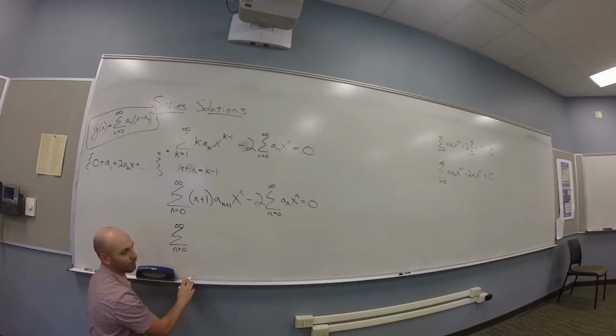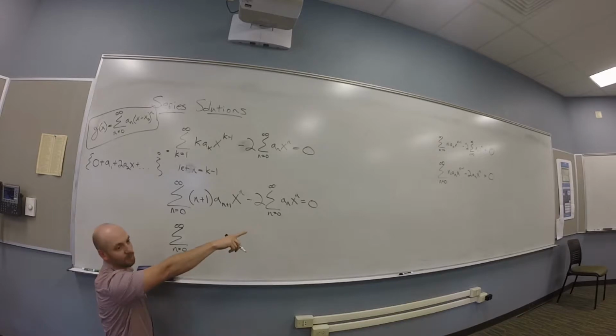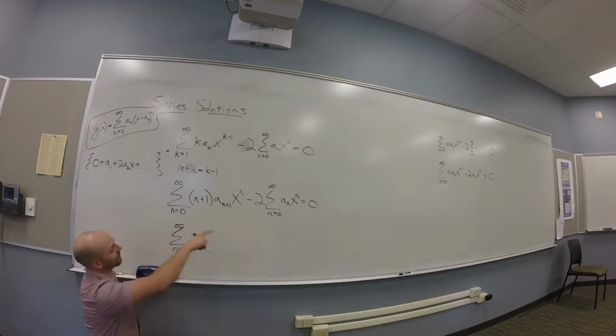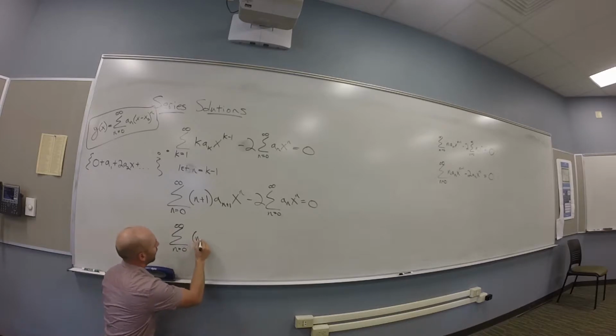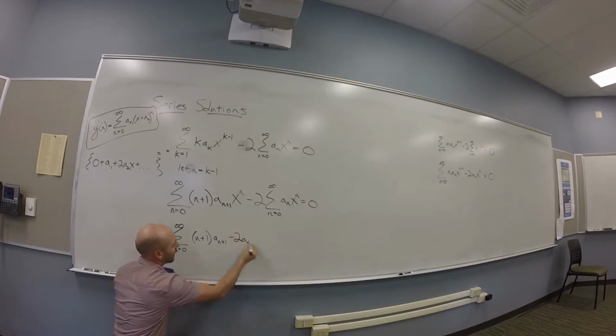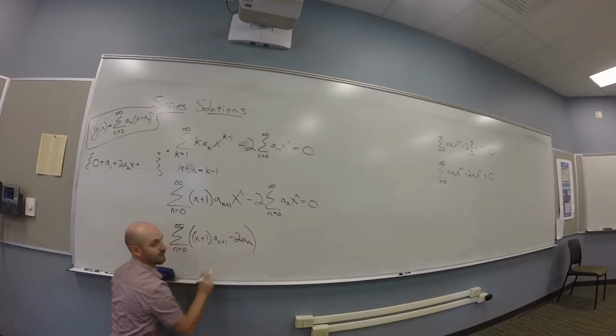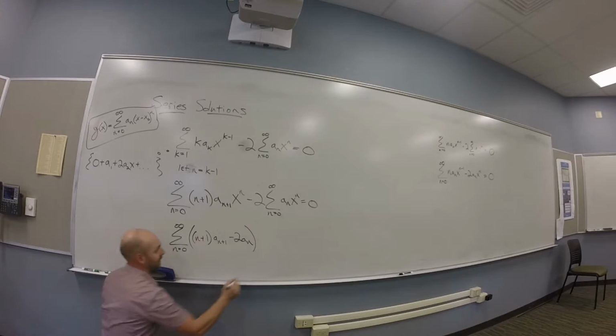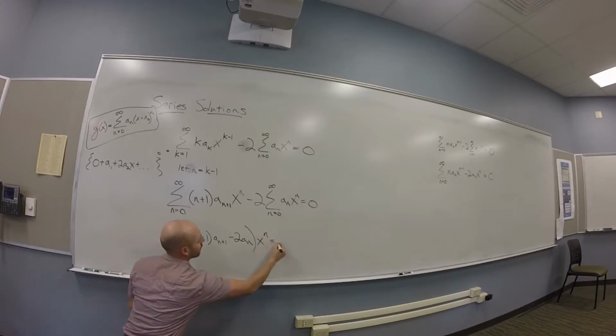I could put them together before, it just wasn't doing me any good. So here when I put these together, I have n plus 1 times a_(n+1) minus 2a_n, times x to the n, equals 0.